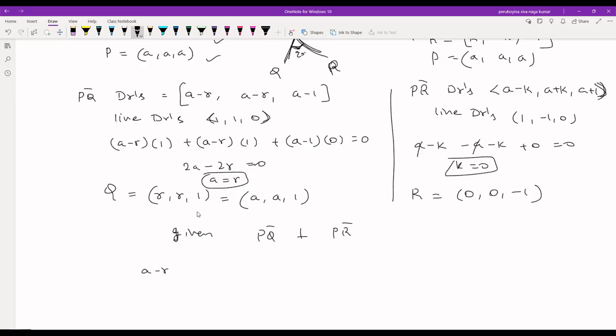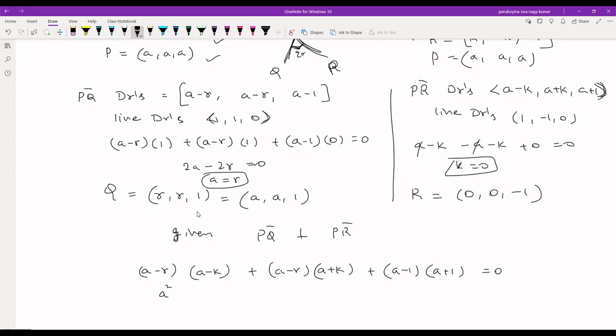PQ bar DRs: (A minus R) into (A minus K), plus the second value (A minus R) into (A plus K), plus (A minus 1) into (A plus 1). It should be 0.